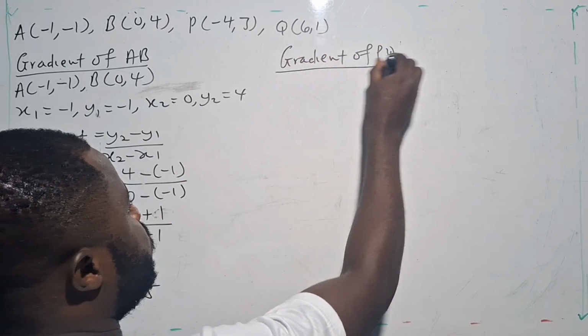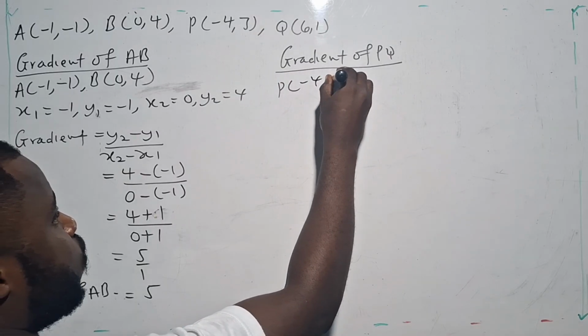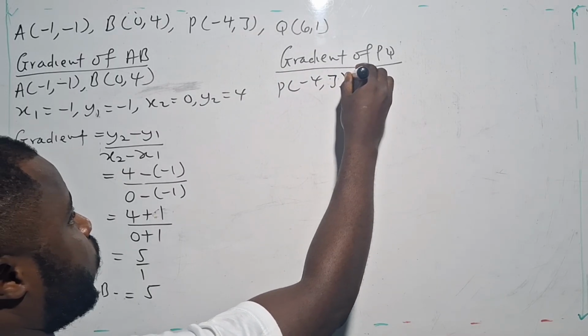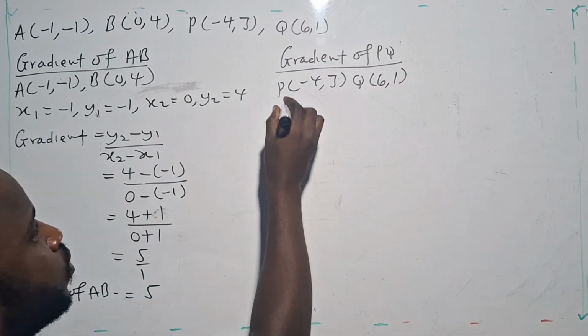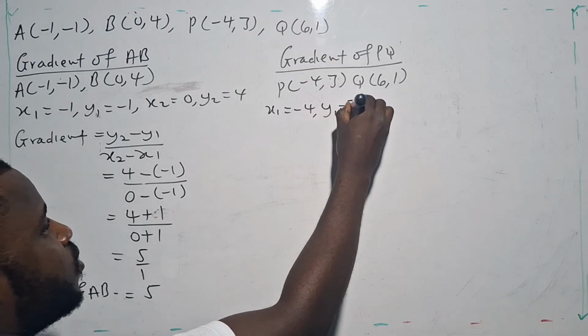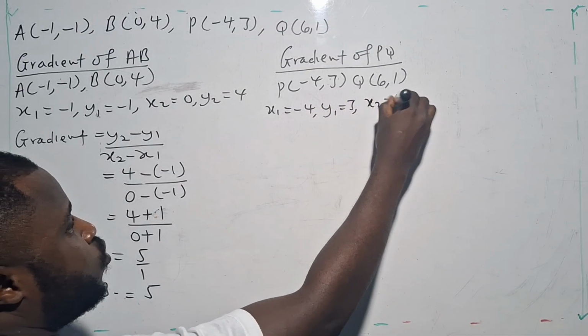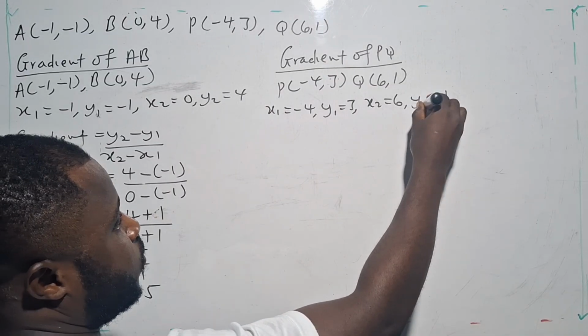The gradient of PQ. So our P is (-4, 3). Then our Q is (6, 1). So x1 is negative 4, y1 is 3, x2 is 6, y2, sorry, is 1.